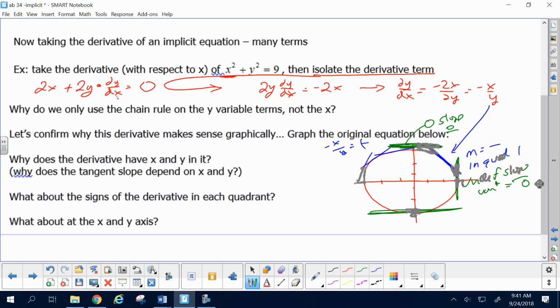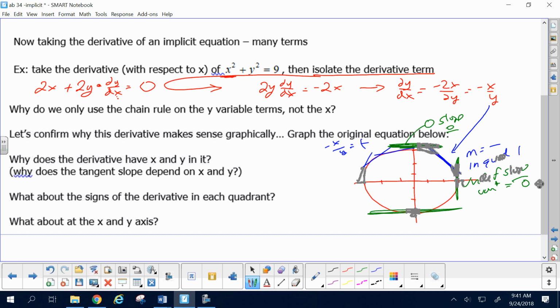All right. All that makes sense. Last but not least, when I take the derivative on y equals x squared, what is the derivative? Talk to me. 2x, okay. Now, notice that the derivative of a function is a function. In other words, if the original equation depended just on x, then the derivative just depends on x.